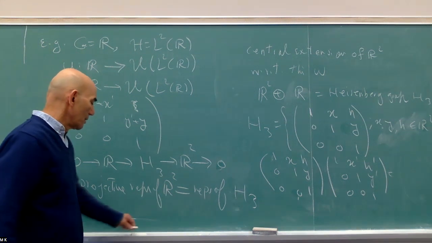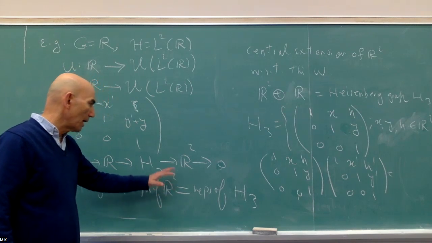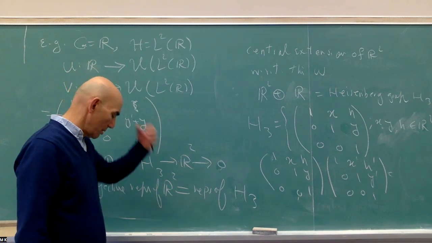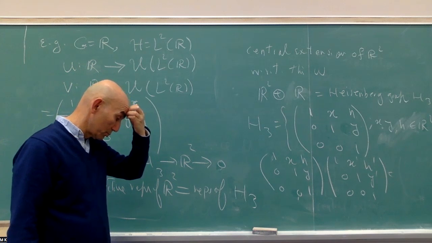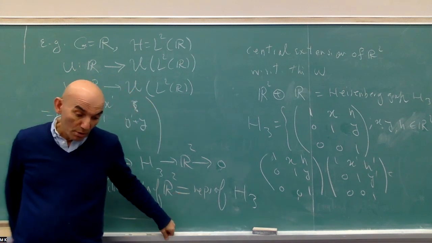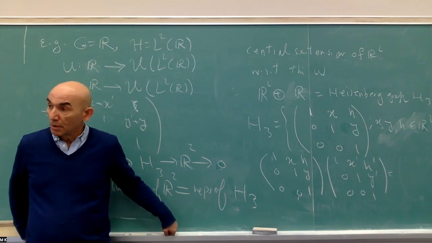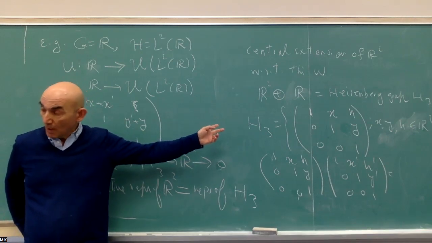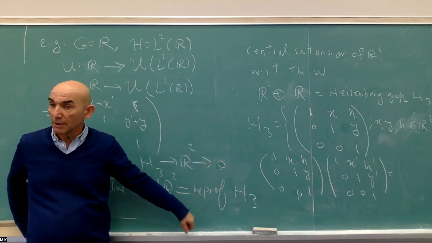So I have given you one representation of the Heisenberg group, which is coming from that UT and VS business. That's the exponential of the Schrödinger representation of quantum mechanics, basically.